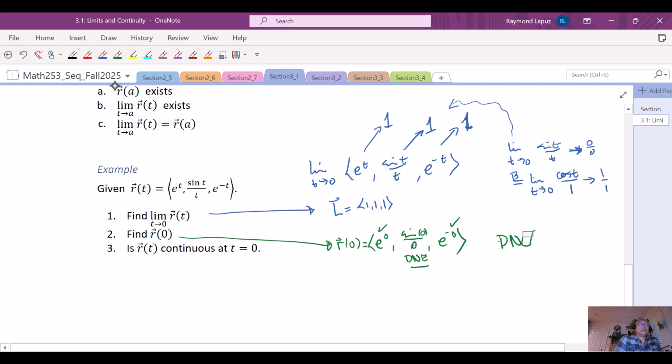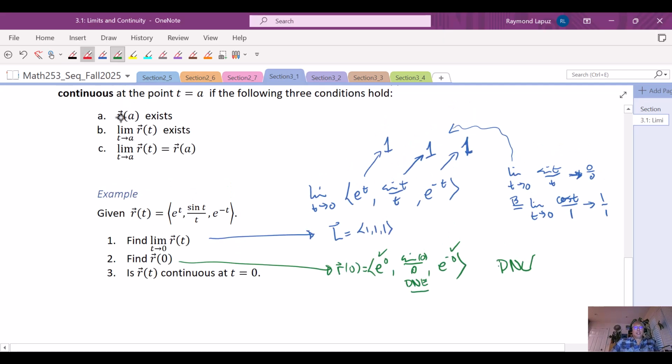So our conclusion is no, not continuous at t equal to 0. Okay.